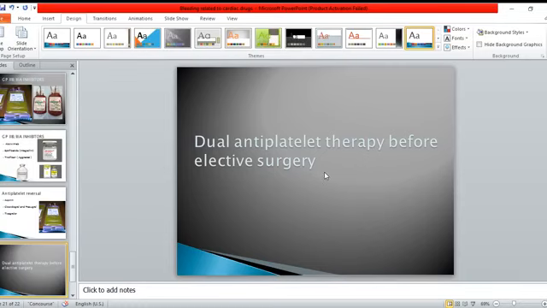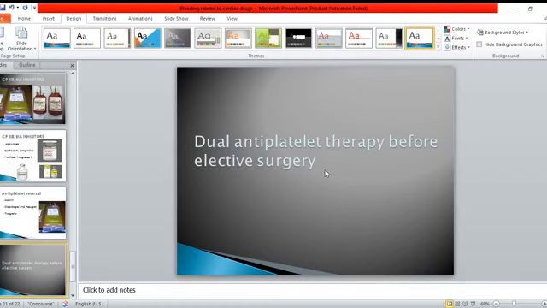Just in short, we continue aspirin, stop clopidogrel, and bridge with short-acting glycoprotein 2b/3a inhibitors, for example.